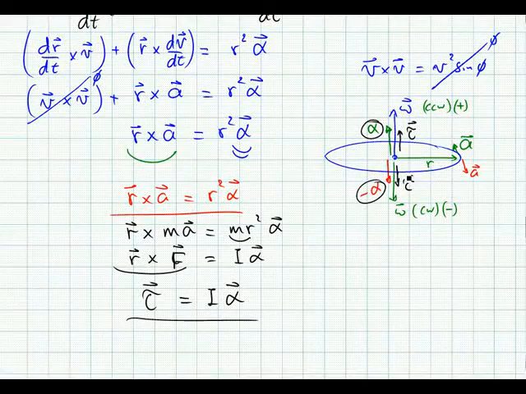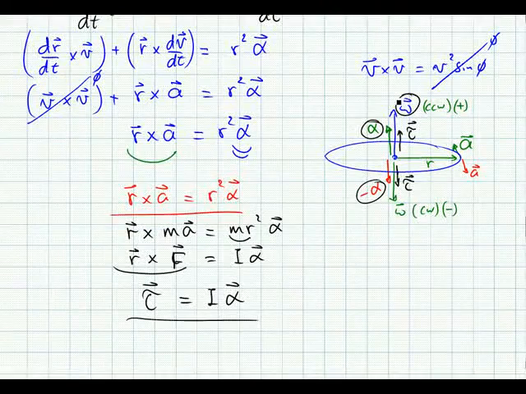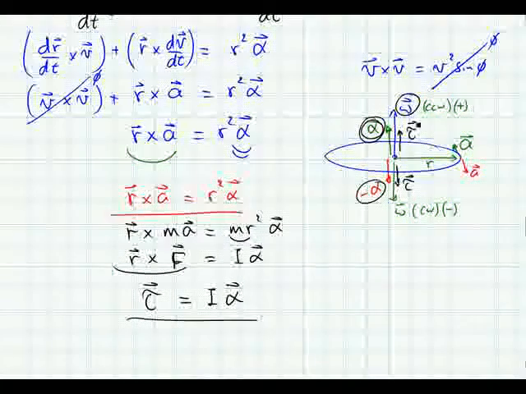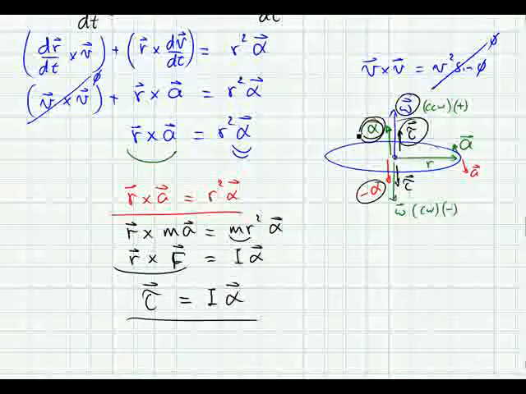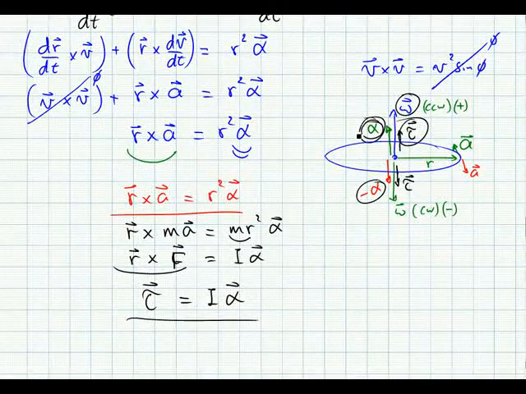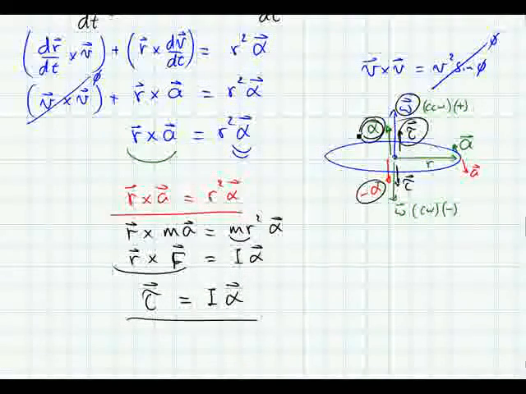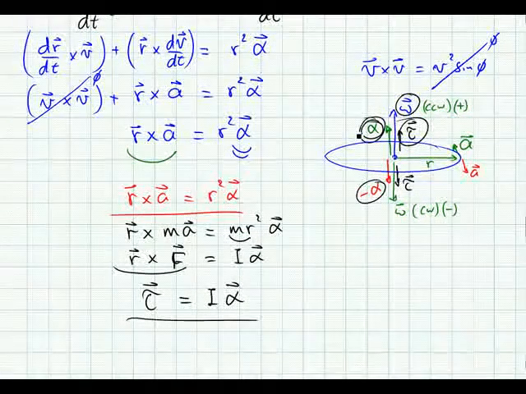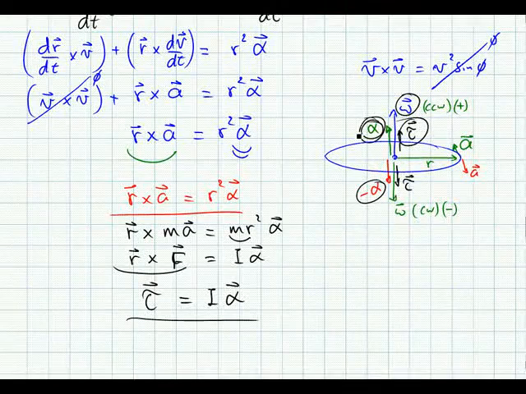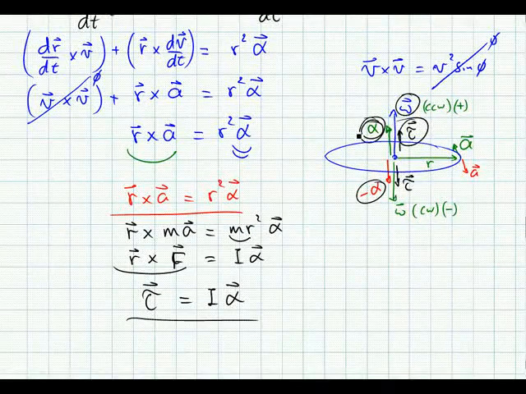So once again, to recap, we see that angular velocity, angular acceleration, and torque, the direction for these you can obtain using the right-hand rule, and the direction for these vectors are always perpendicular to the plane of rotation.